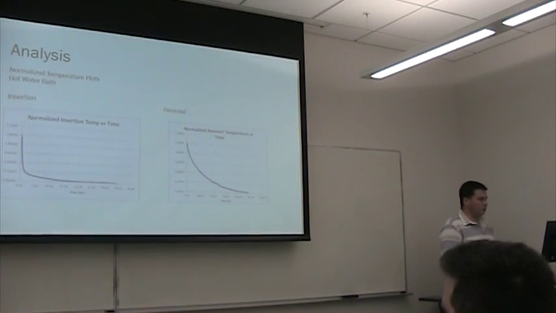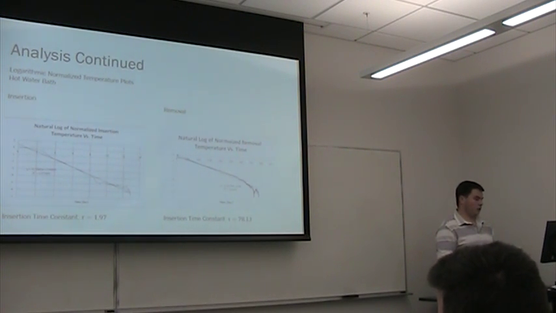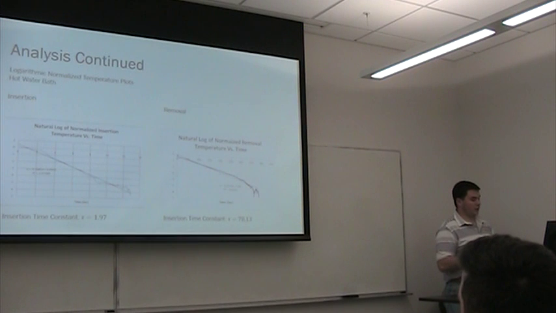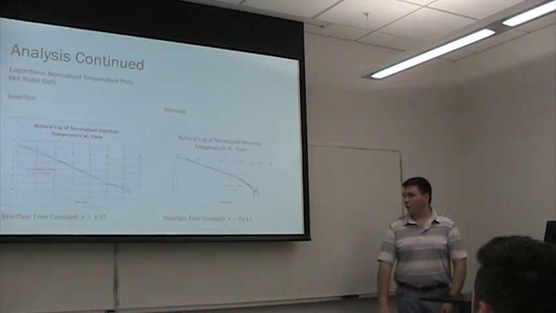If we take the log plot of this normalized graph, we can make a linear approximation. Shown on the screen is the natural log of the normalized insertion and removal temperatures for a hot bath. The equation for the trend line is shown on each graph, and in front of the variable x, which represents time, we get some slope.